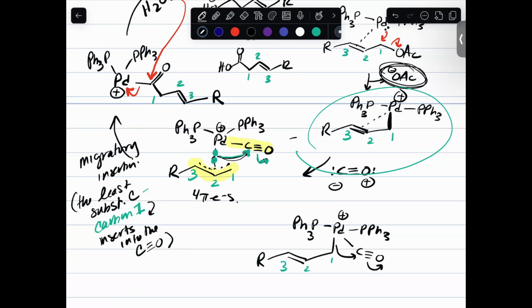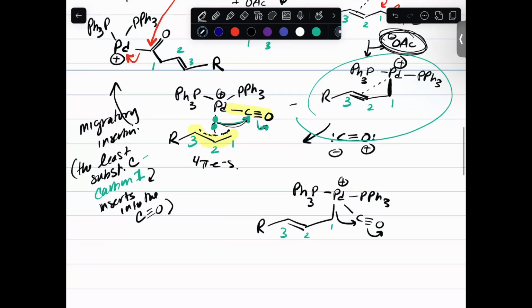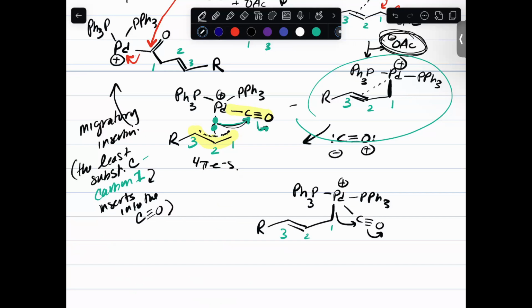It's harder to see the whole pi system moving over or that bond moving over because you sort of assume that the whole pi system is moving over, but it isn't. It's just one of the bonds that's moving over. Okay? Same thing.